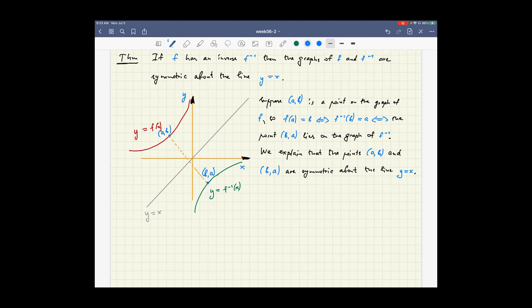We will show that the midpoint of that segment joining a comma b and b comma a lies on the line y equals x. That will establish that this distance equals this distance. This distance equals this distance. And so the 2 points are indeed symmetric about the line y equals x.